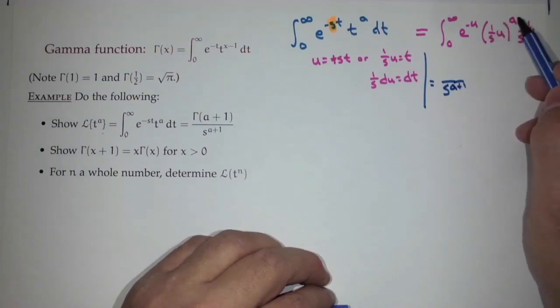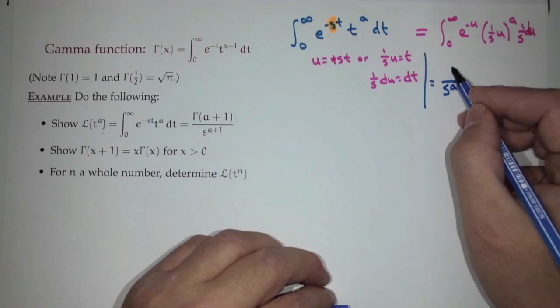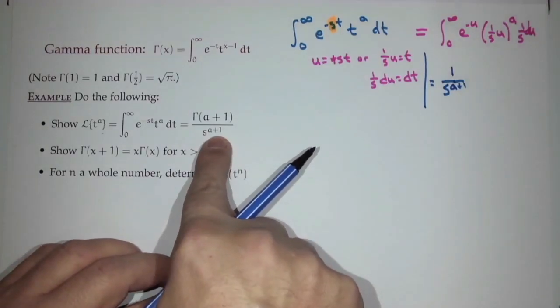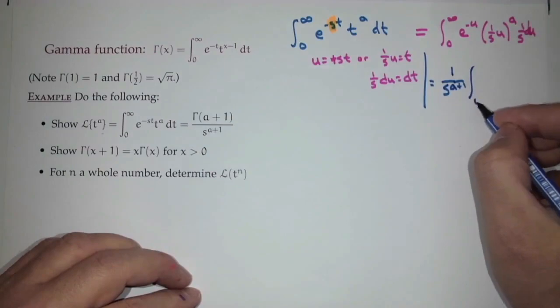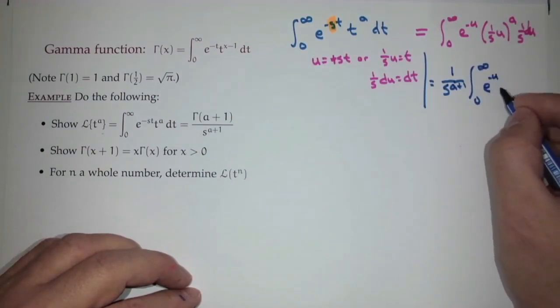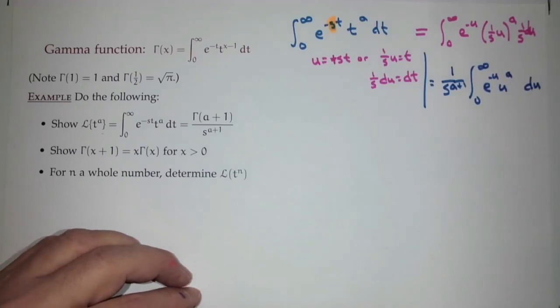S to the A from this part, and one more S from there. Now, from the perspective of the integral, those are all constants, so we can pull them out. So that's where the S to the A plus 1 came from. So that's a good sign. Integral 0 to infinity, e to the minus u, u to the a, du.